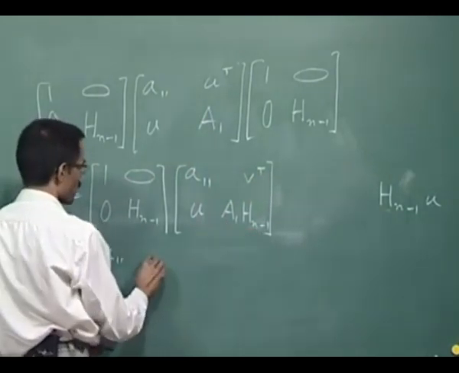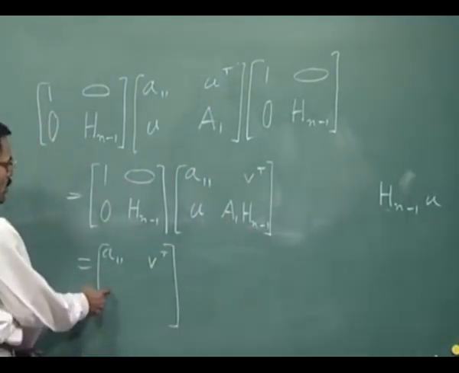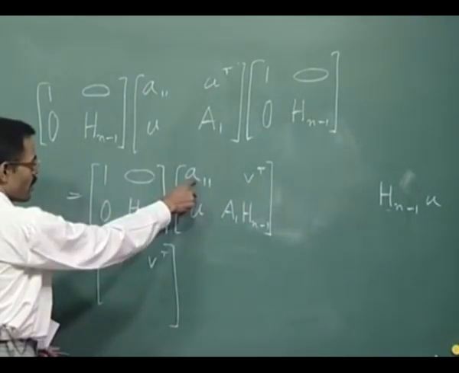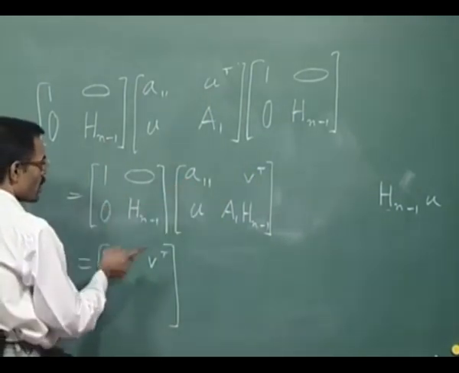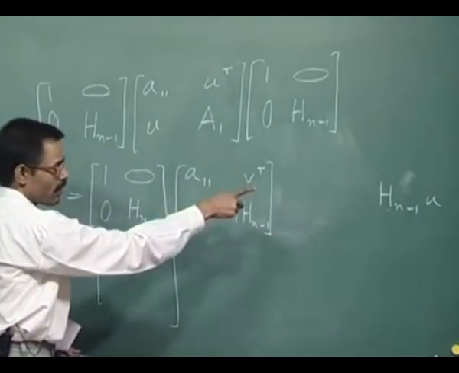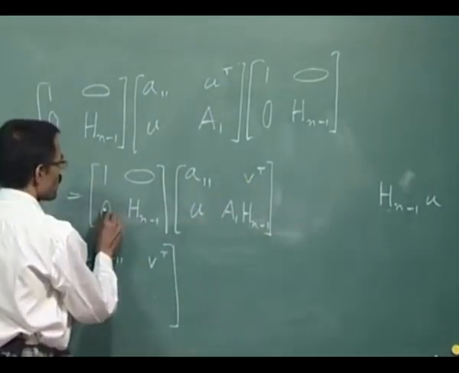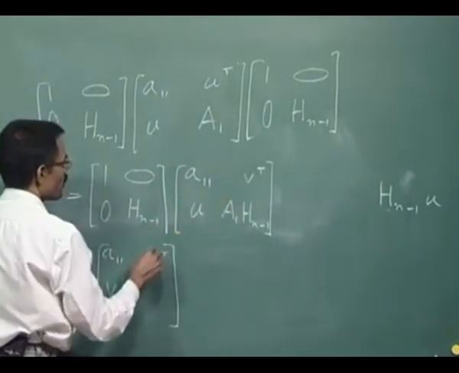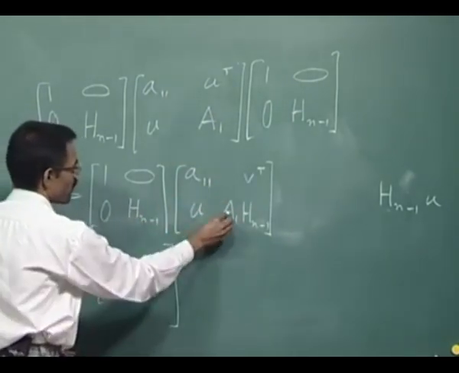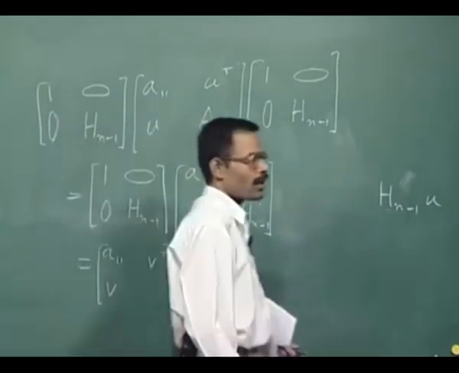So, you get V transpose here. 0 into A11, that is 0, that is a column vector, plus H(n-1) U, that is V. So, you get V here, and here you will get 0 into V transpose, that is 0, plus H into A1 into H, right. So, what you have got?